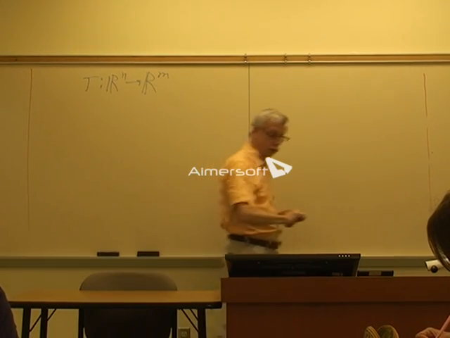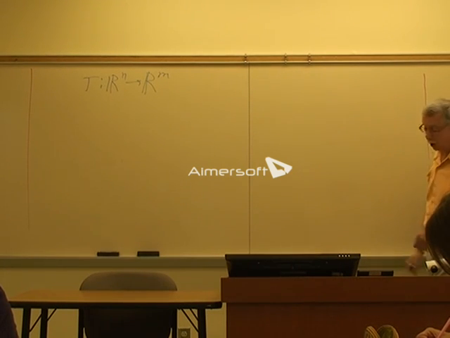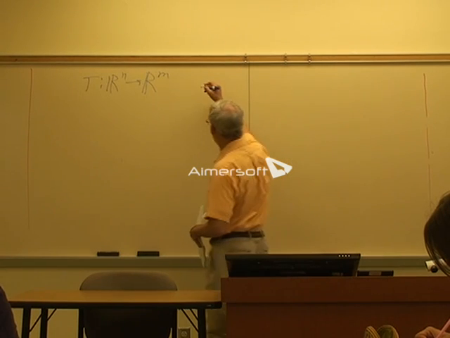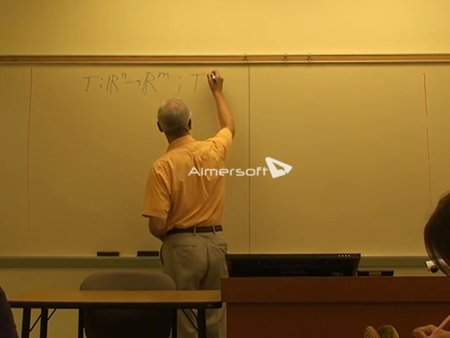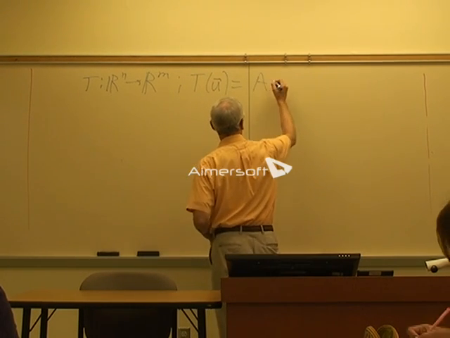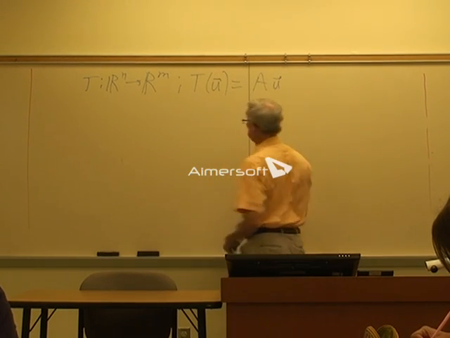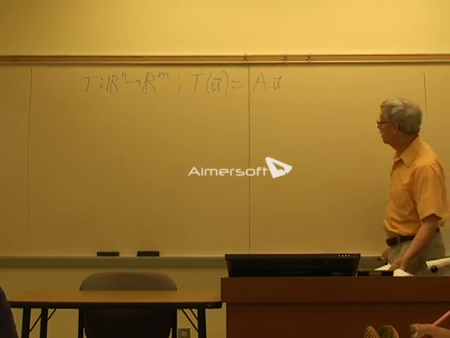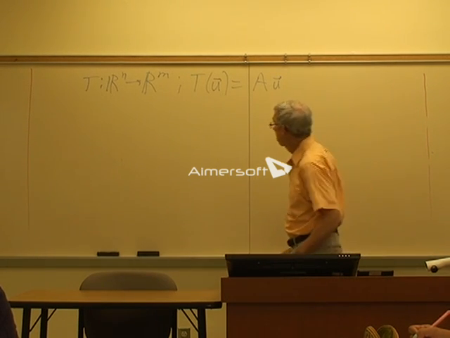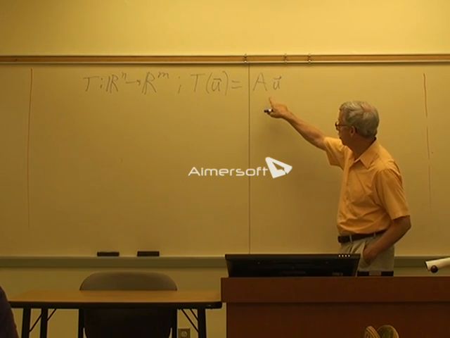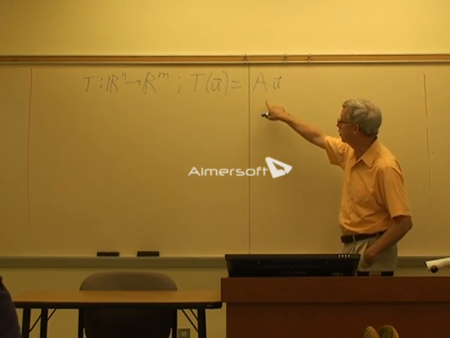If I have a linear transformation of vector spaces Rn to Rm, where I define the transformation by T of u is a matrix multiplied by u. Remember, that's the general idea of linear transformations. First of all, let's talk about the dimensions of A. When I do this with a matrix, I'm really forming a linear combination of the columns.